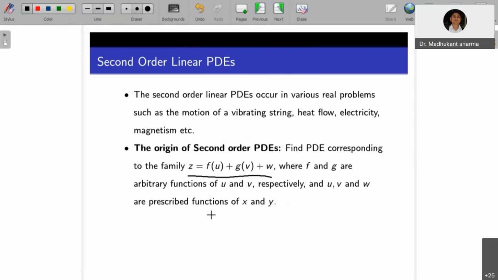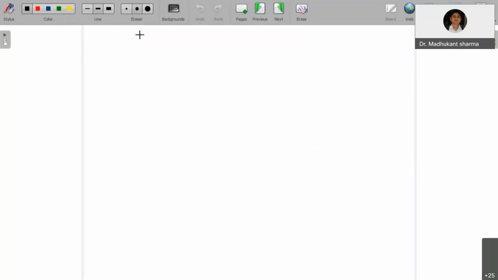To find the PDE corresponding to it, you have to proceed in a similar manner as in the first order PDEs. So if I recall, you have z equals f of u plus g of v plus w. You have to differentiate partially with respect to x and with respect to y, that is, find all the first order and second order partial derivatives, and then try to eliminate the arbitrary functions.